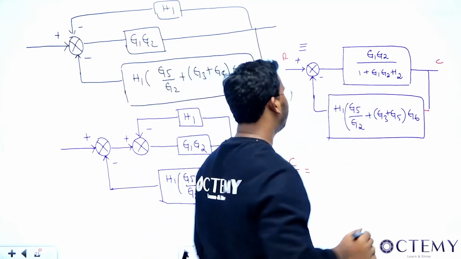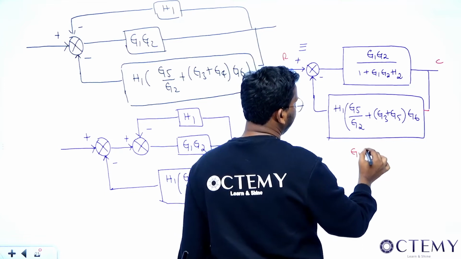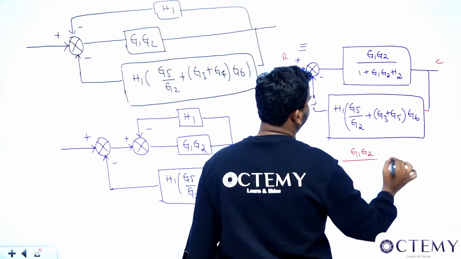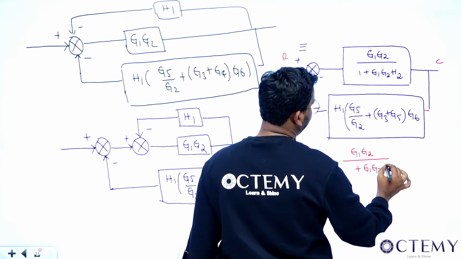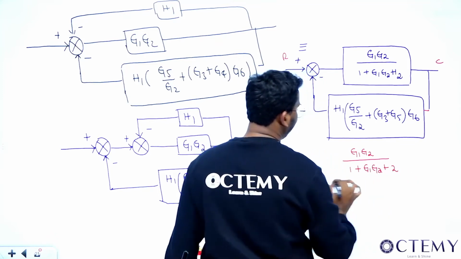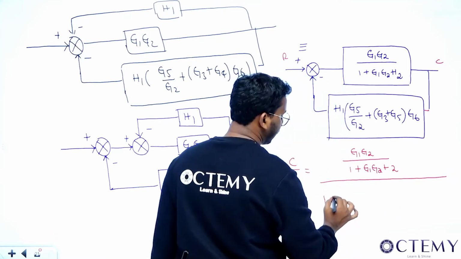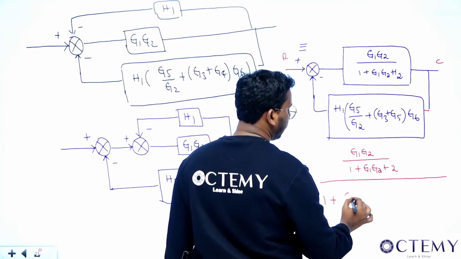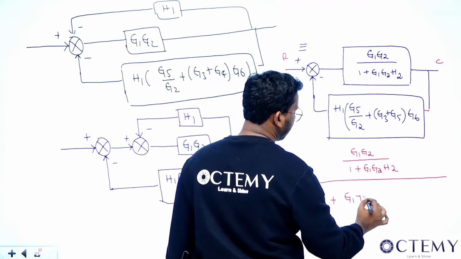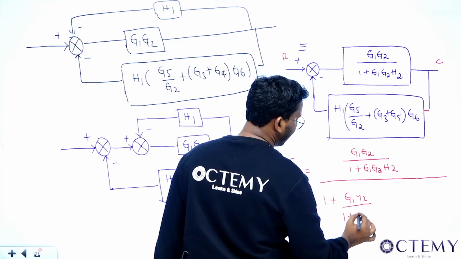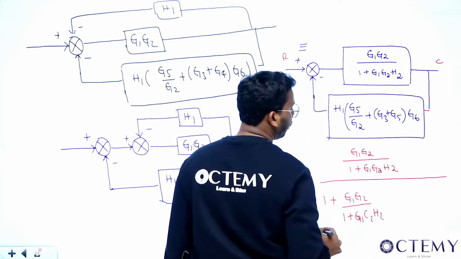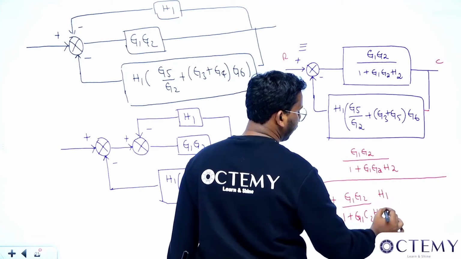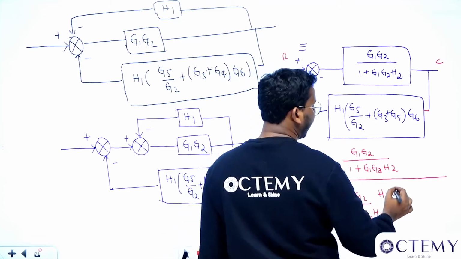So here C by R will become this G. What is G, sir? G1, G2 divided by 1 plus G1, G2, H2, divided by 1 plus G1, G2 divided by 1 plus G1, G2, H2 into H1 into, you take LCM, sir.